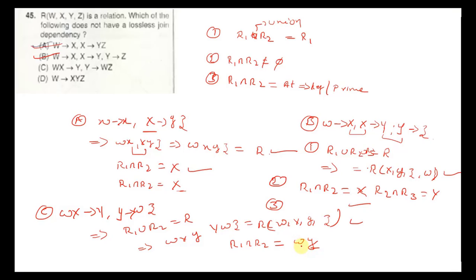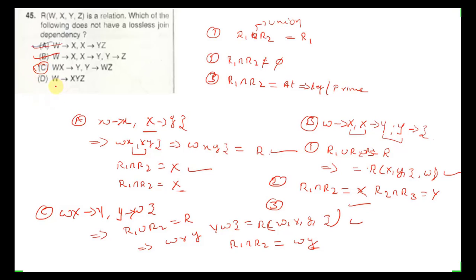So it is not in BCNF, as well as it is not lossless, so it is a lossy decomposition. So option C is a lossy decomposition.